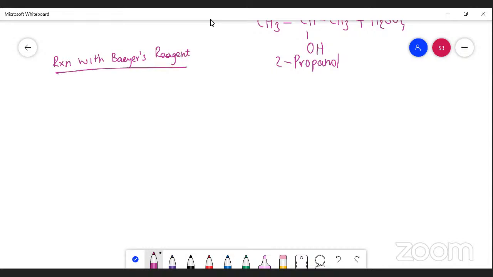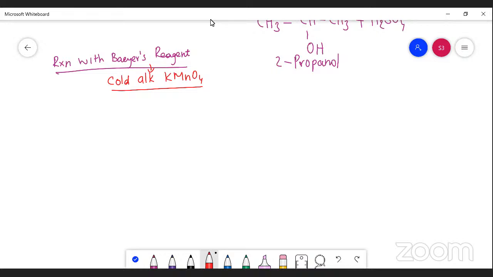Listen, Bayer's reagent is called alkaline potassium permanganate. Potassium permanganate is known as Bayer's reagent. So cold alkaline potassium permanganate is Bayer's reagent, and it is nothing but dihydroxylation.